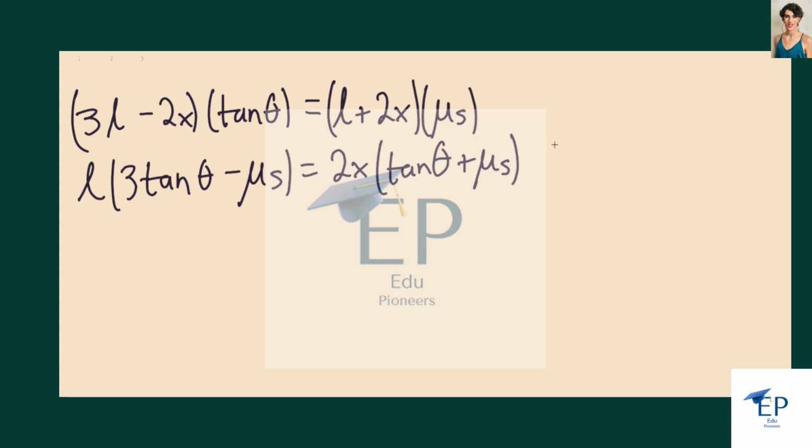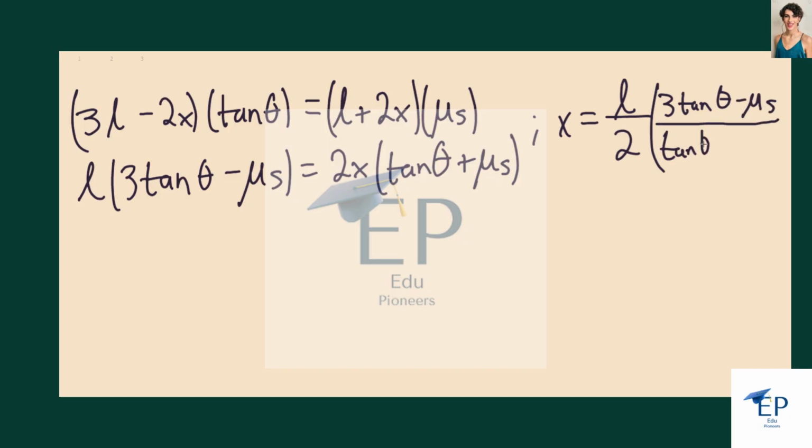And then we can say that x is simply going to be equal to L over 2 times 3 tangent of theta minus the coefficient of static friction. This would be divided by tangent of theta plus the coefficient of static friction. And at this point we can solve.